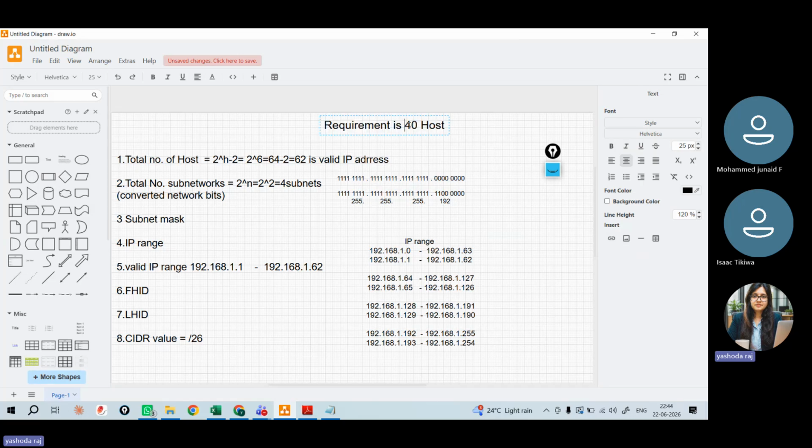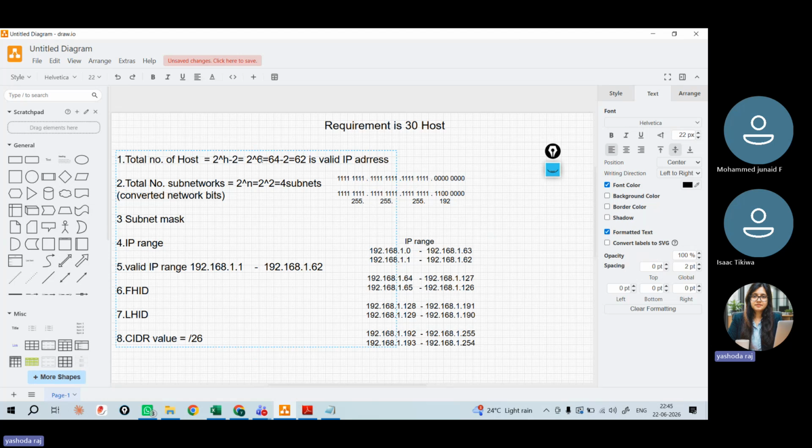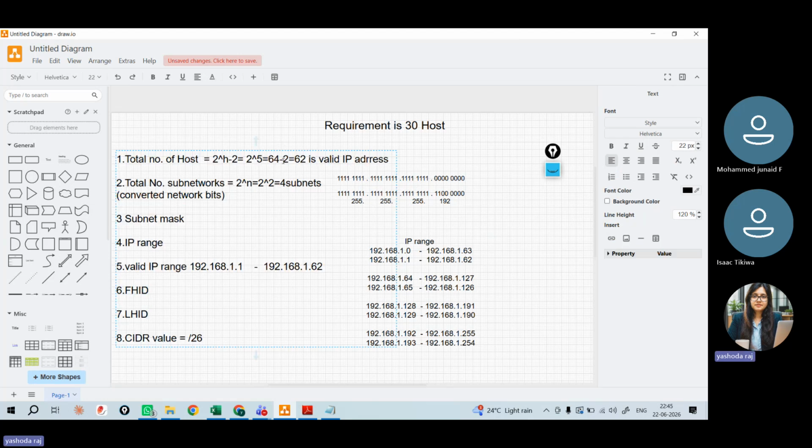So this requirement is for 30 hosts. The total number of host bits is 5, so 2 power 5 is suitable. What is the value of 2 power 5? 32. 32 minus 2 is 30. So the converted network bits are 3, and 2 power 3 is 8. So we get 8 subnets.